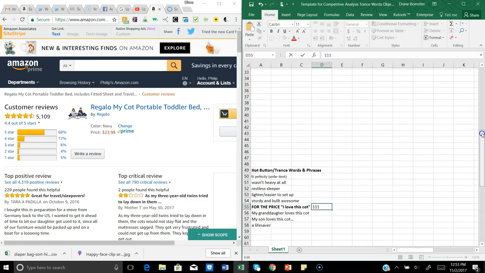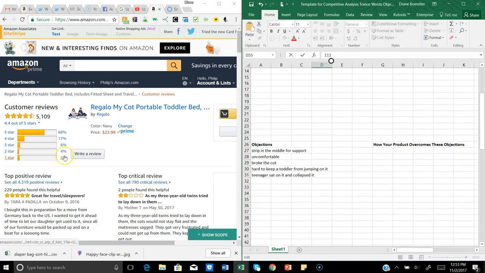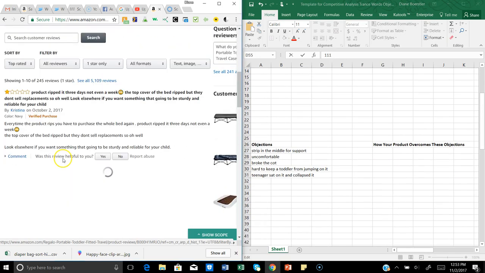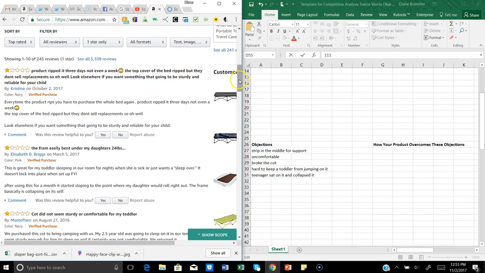Okay, let's go to the other sections. And again, you're going to go through the reviews. Oh, let's go through the negative reviews. Sorry, I forgot to show you that. It's about durability. Product ripped in 3 days, not even a week. There again, they're using sturdy and reliable. So objections to other products were not sturdy, not reliable, ripped in 3 days, right?